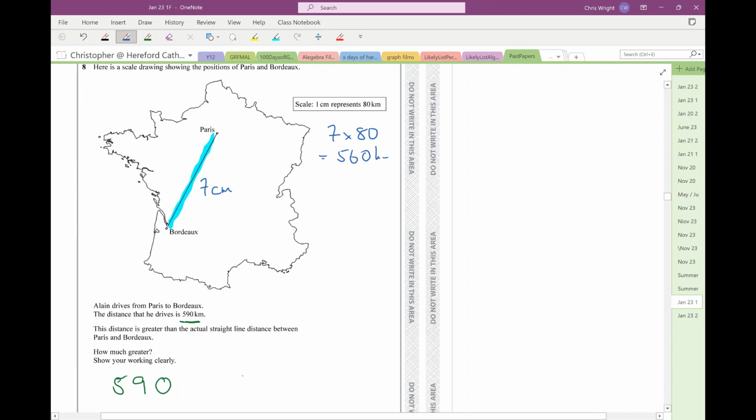And so then you could do 590 minus 560 to work out how much greater the driving distance is compared to the straight line on the map. But I do not know what that length is. So measure it with your ruler and then times that amount by 80. And then subtract it from 590. And that is question 8 finished.